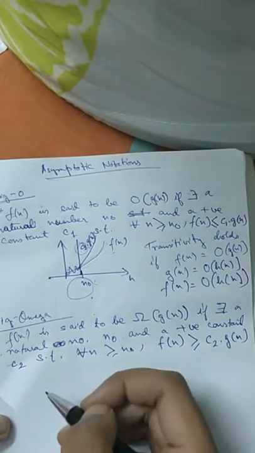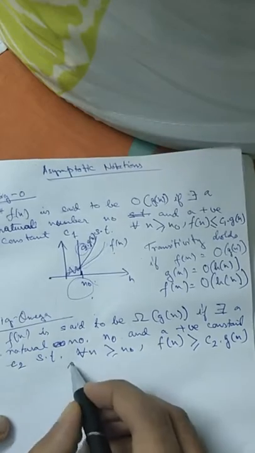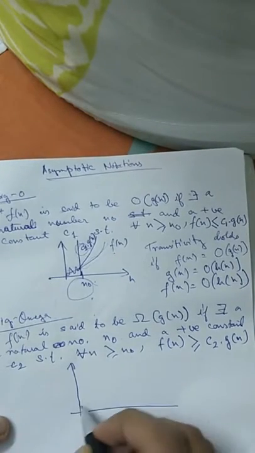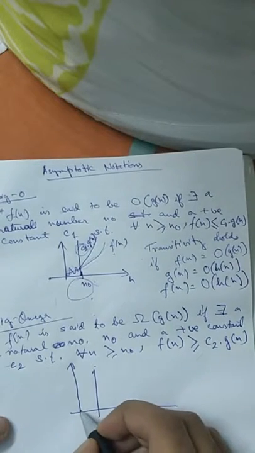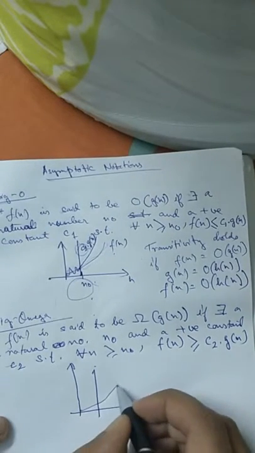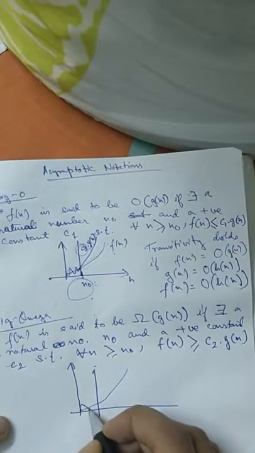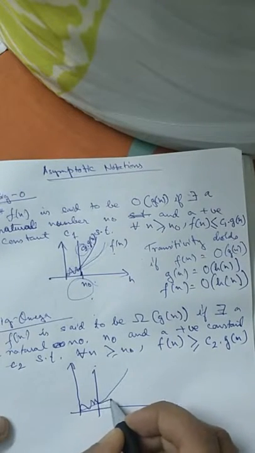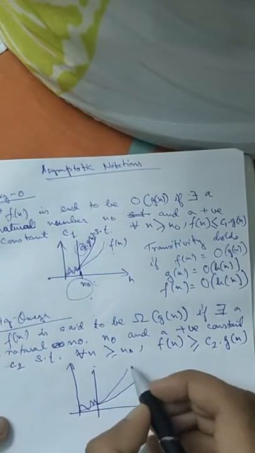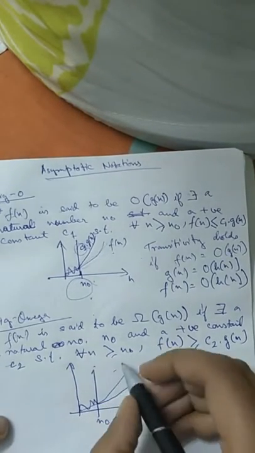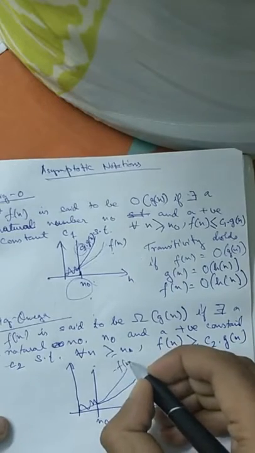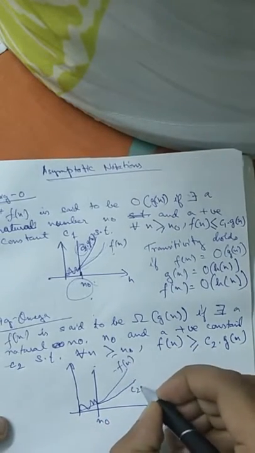As you can guess from the above plot, this time the plot will be almost the same, only our c2 into g(n) will be below f(n) beyond n naught. So this is f(n) and this is our c2 into g(n).